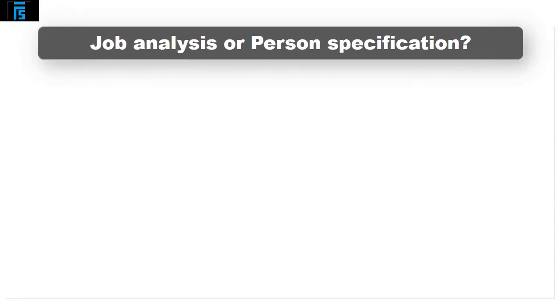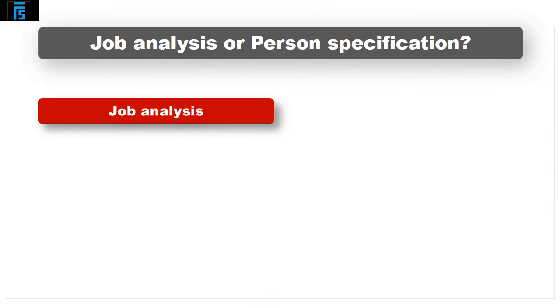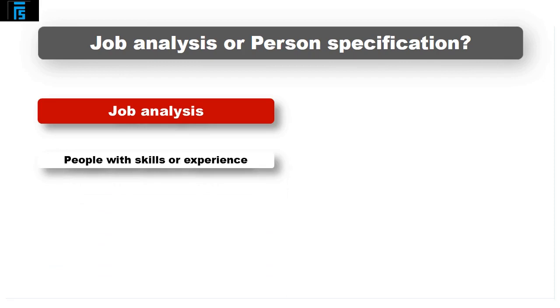The last couple of things we've got: if we've got a job analysis, then usually we know exactly what we're looking for. We're looking for people who've got experience, who have done those tasks before, or perhaps people with skills who we know will be able to do those tasks.